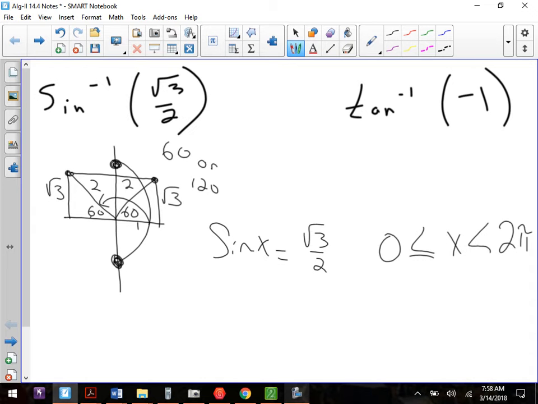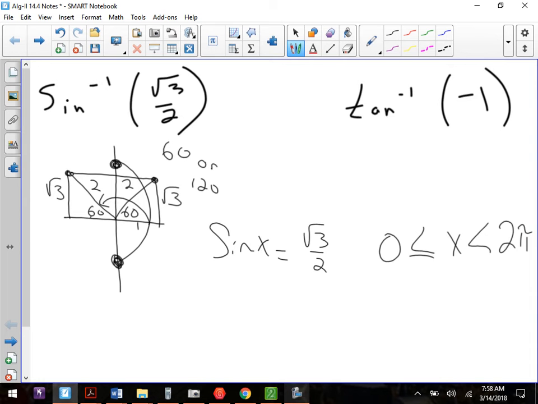So you include 0, but you don't include 2 pi. The only other thing that I needed to change here, I just wrote x, it should be theta, but we'll get to that.